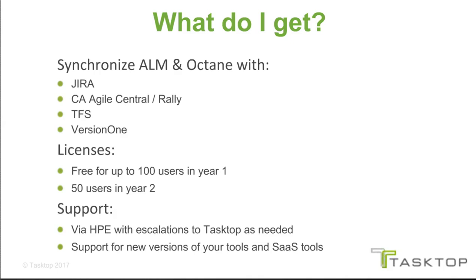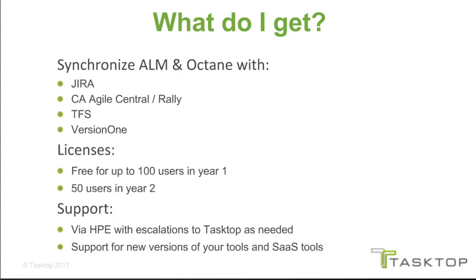All right, so first question is, what exactly do we get now that you've seen it? I've said multiple times that this is going to be HPE ALM and Octane to any of these four Agile tools: Jira, CA Agile Central or Rally, TFS version 1. The license is going to be offered free.